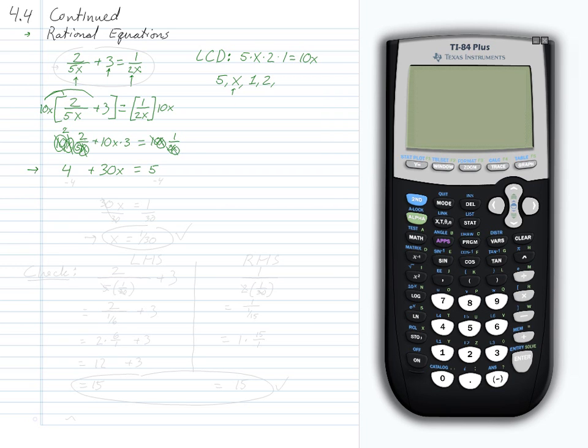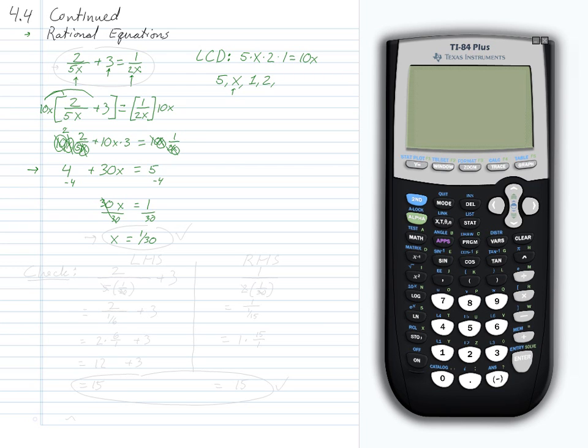So I think this equation, which is arguably identical, is a lot easier to solve. And we can do so by subtracting 4 over to the other side. So 30x equals 1. And if we divide by 30, we see that x equals 1 over 30.